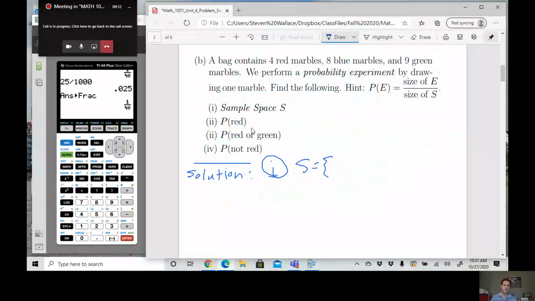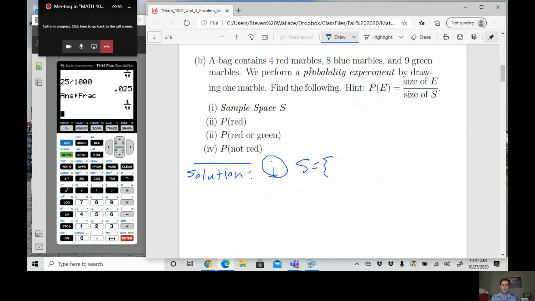So as fractions, each of these probabilities will have a denominator of 21, unless we can simplify it as a reduced fraction. Sample space, though, is actually the set of all possible things.